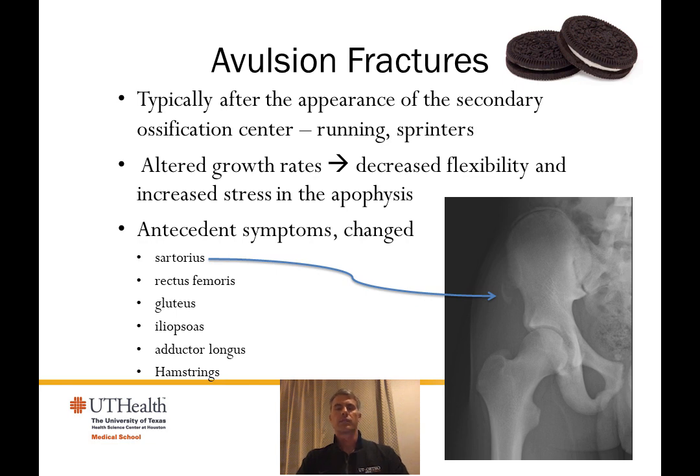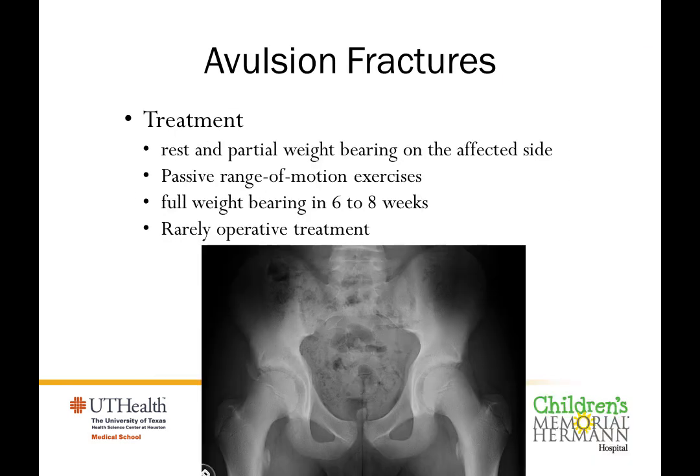And I have a list of a few different places around the hip, but there's multiple areas that can have these avulsion fractures. Really, if you have one, the treatment is rest, only putting part of the weight on that side, exercises, and then return in about 6 to 8 weeks. It rarely requires a surgery.